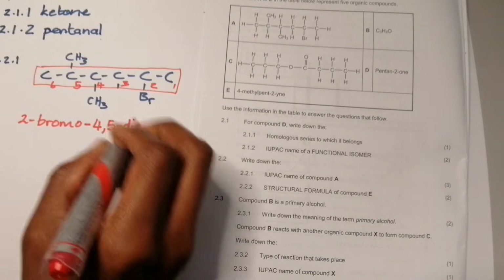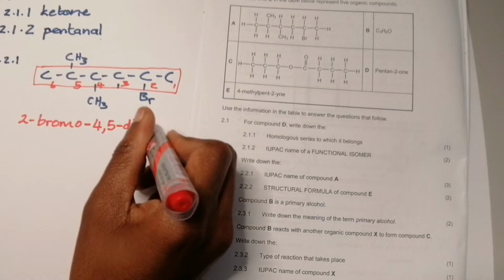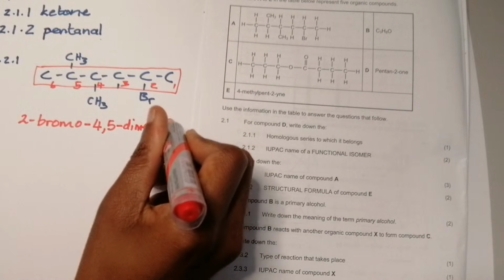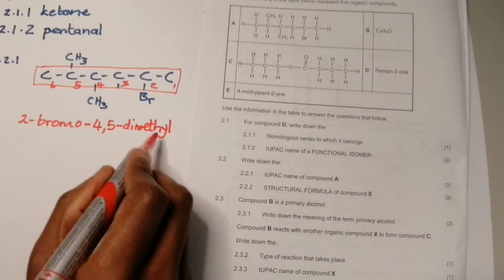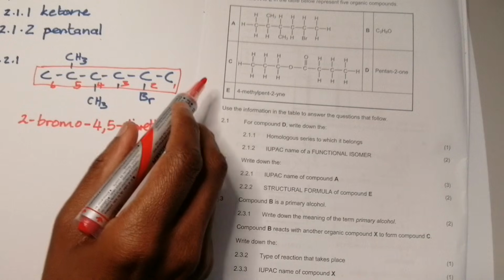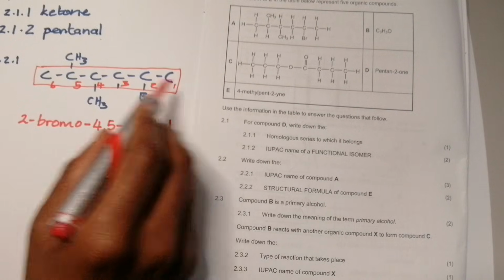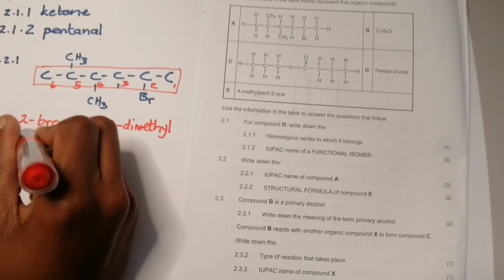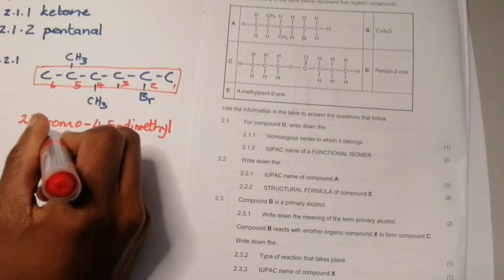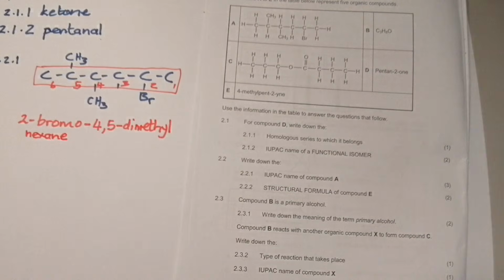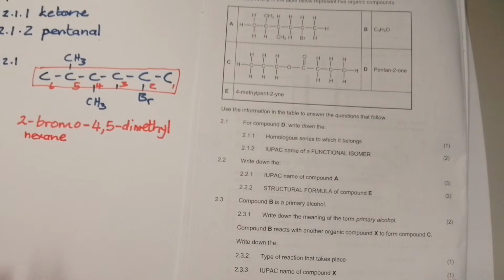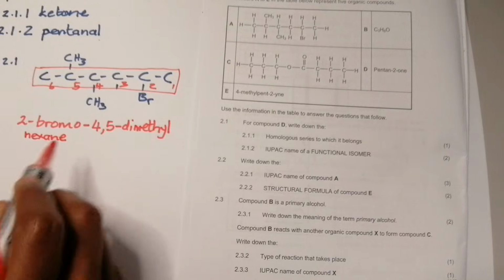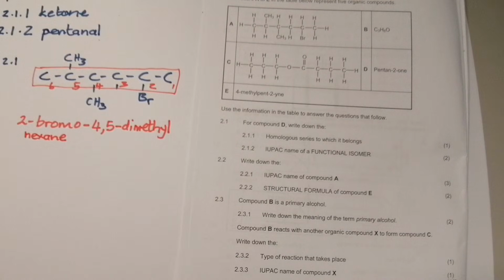Di, remember when we've got 2 of the same thing, that's dimethyl. And then the last part, it's all single bonds and 6 carbons, so this is going to be hexane. Just as simple as that. Sorry, I couldn't fit it over there, so that's why I wrote it there. You try and make it one name.